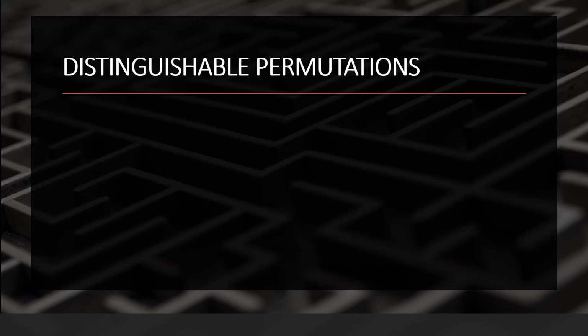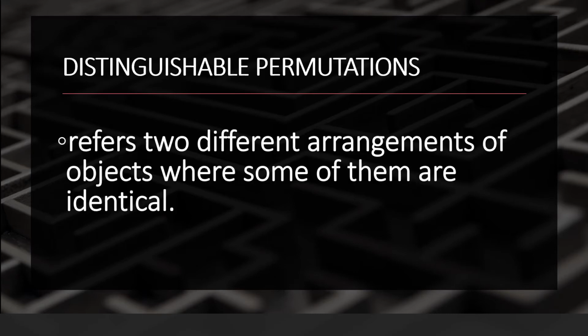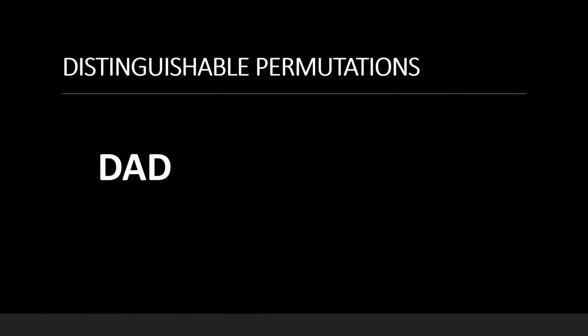Distinguishable permutations or distinct permutations refer to different arrangements of objects where some of them are identical. For this example, we just count the number of things which are alike. Here, we have 2 D's.